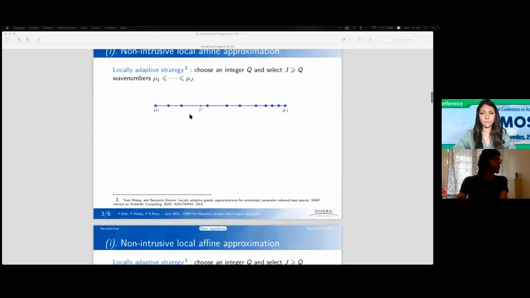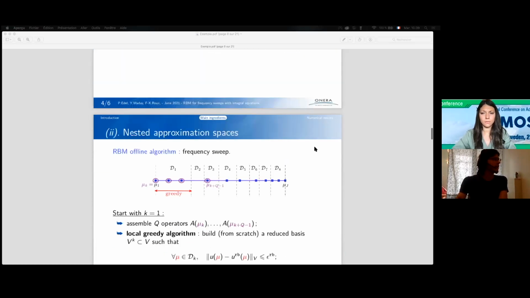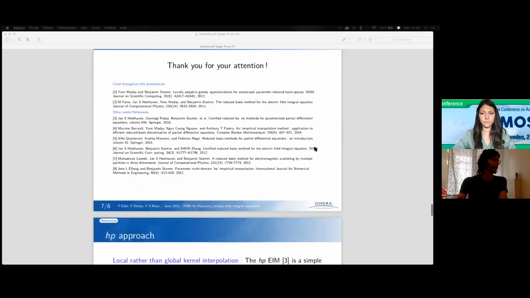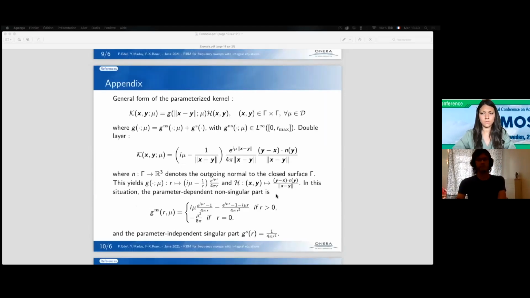But if the question is more on how we build these blue points, this depends on the problem that we have at hand. Typically, the problem that I showed is a double layer. So we take the kernel of the double layer, this is the expression here, and it depends on the distance between X and Y. The only variable that we are considering is the distance between X and Y, which is R. This kernel can be split into a non-singular part and a singular part.